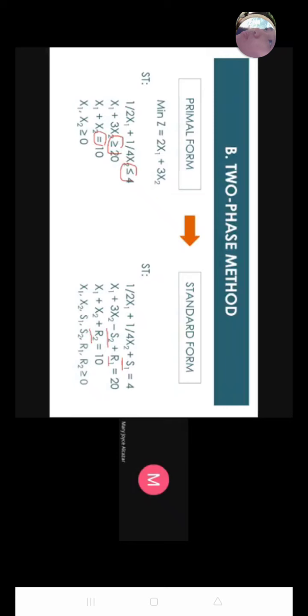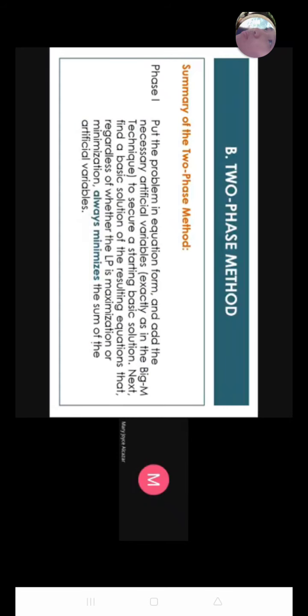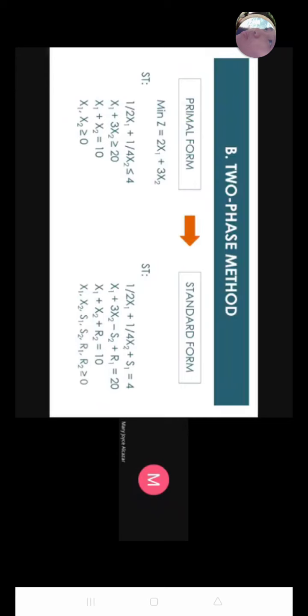Then it was indicated in the summary that regardless of whether the LP is maximization or minimization, the objective function will always minimize the sum of the artificial variables. And since we have two artificial variables here, R1 and R2, our starting objective function will become min R = R1 + R2.